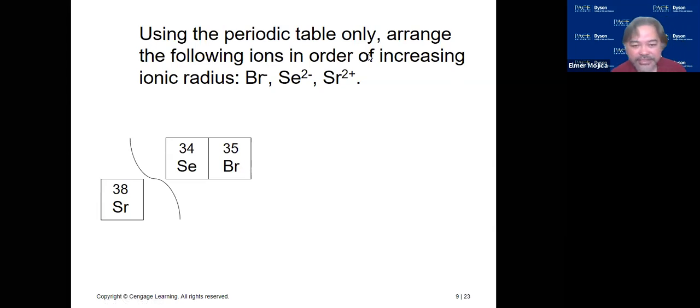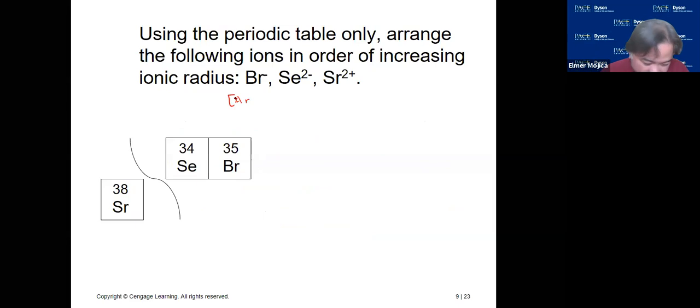So looking at it, this is Br minus, this is Se2 minus, so most likely they are isoelectronic. If I'm not mistaken, I'm not sure if it's argon. I need my periodic table.